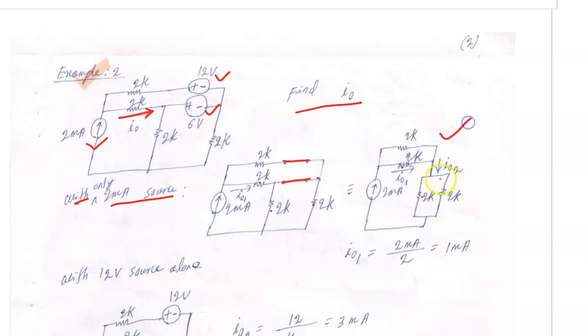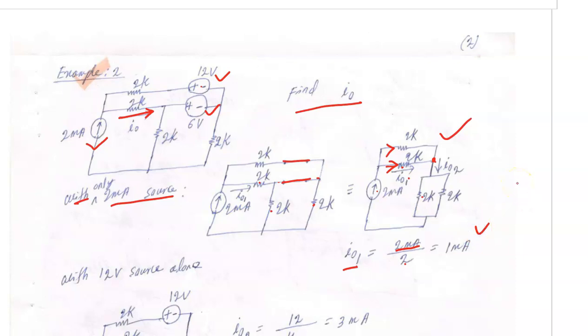I have redrawn the circuit. So I0 will be, simply, you see the current is the same, a single node, the common node of the 2 kilo ohm resistors here. So the current will be divided equally. So 2 milliampere upon 2, which is 1 milliampere.